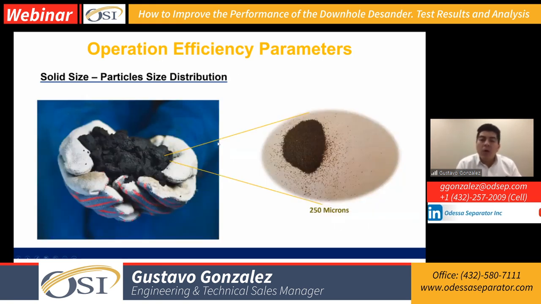Once again, we're showing this photo because we want you to visualize that this is the sand we normally deal with. Every time you go to a teardown, either for a rod pump or an ESP, check the sand that has accumulated in the tailpipe.